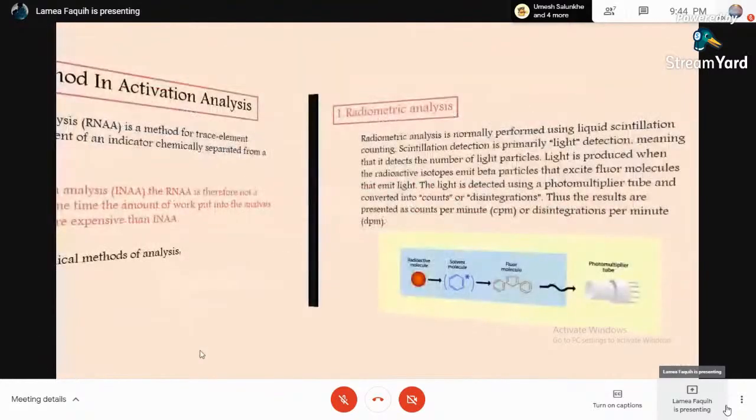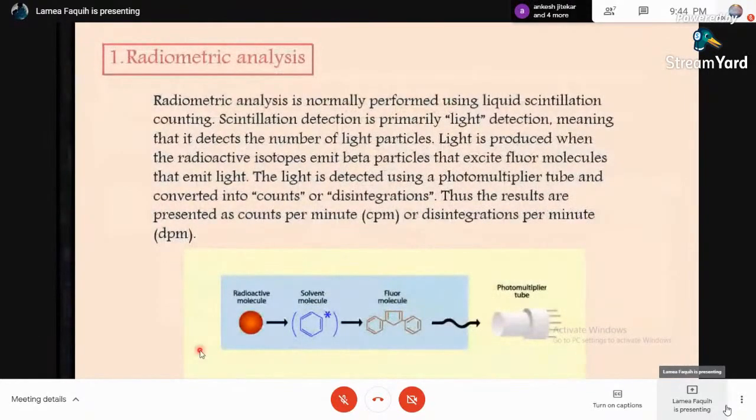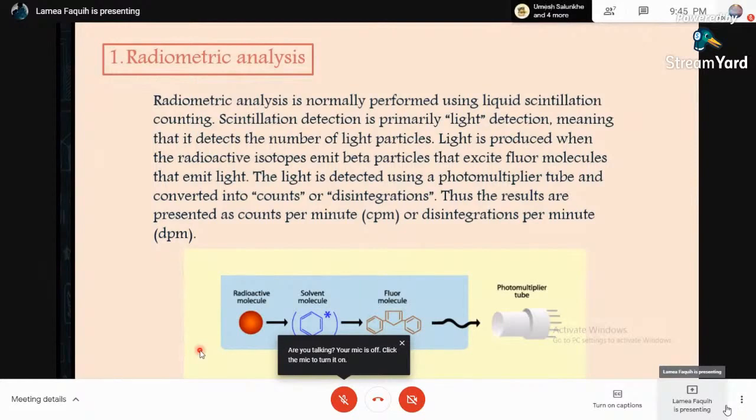In radiometric analysis, the technique is done with a liquid scintillation counter. Scintillation detection basically refers to light detection, that is, it detects the number of light particles. Light is produced when radioactive isotopes emit particles that excite the fluoromolecules, and they end up emitting light.